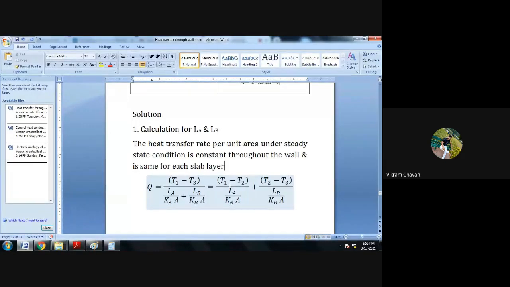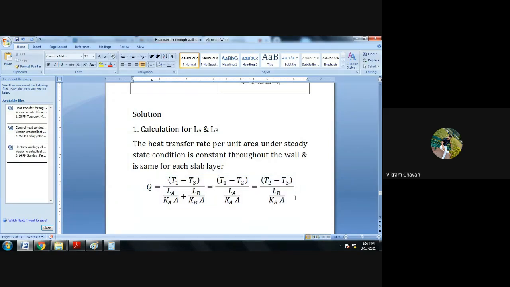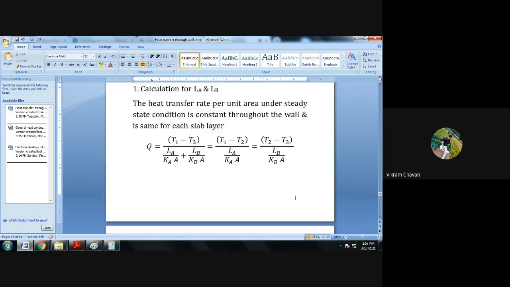It is equal to T1 minus T2 whole divided by L suffix A divided by K suffix A multiplied by area, which is equal to the heat transfer through slab B. And how much is it? T2 minus T3 whole divided by L suffix B divided by K suffix B multiplied by area. Okay, so by considering this equation we have to solve the problem.